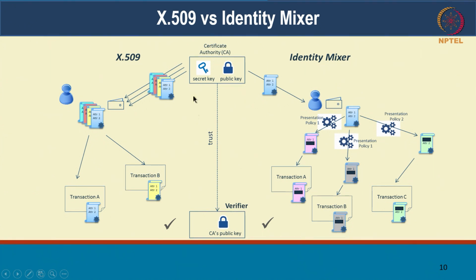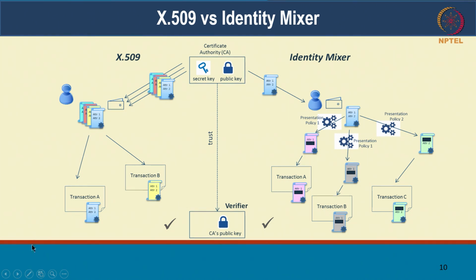So on the left is how X509 roughly works, right? So there is a certificate authority that is going to issue a certificate to a user, and this certificate can have multiple attributes. So we've called out attribute 1 and attribute 2. So now the user has one certificate with two attributes. And whenever they perform a transaction, they're going to sign with that certificate.